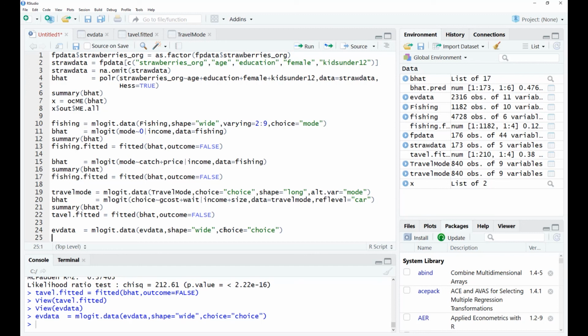And the model that we want to estimate, let's call it B hat, logit. The dependent variable is choice, and we do not have any alternative specific variables. We're interested in age, female, level 2, the number of cars, education, income, and politics.